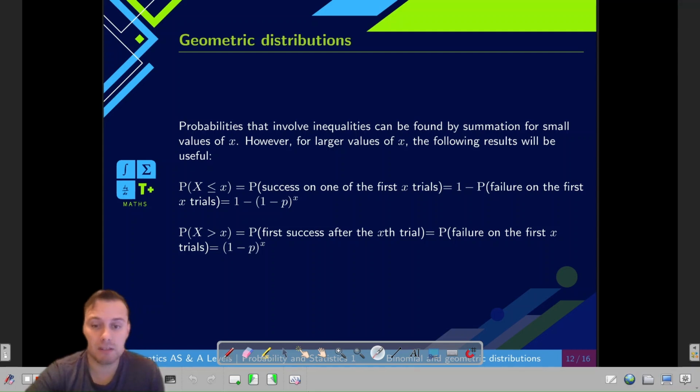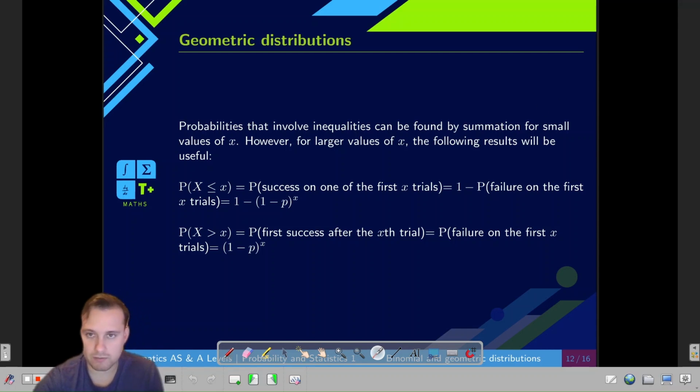The interesting thing about the geometric distribution is that we can also get some other formulas that will help us understand and solve other problems. For example, if we are going to work with the probability that X is less than or equal to a value x, that means we are having success on any of the first x trials.